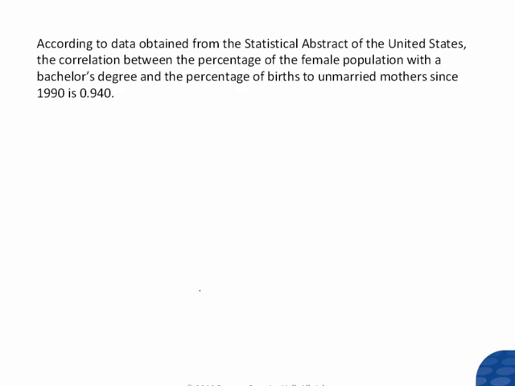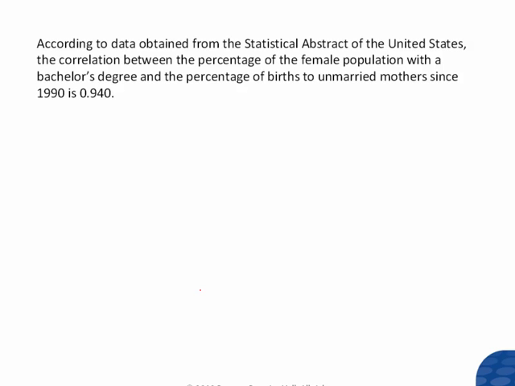So suppose a politician got up in front of cameras and said, I want to decrease the percentage of births to unmarried women. Therefore, I am going to decrease the number of women that get a bachelor's degree. Would this be a good idea, and would it be an effective policy? No. Why not? All right, we'll take a different tack.